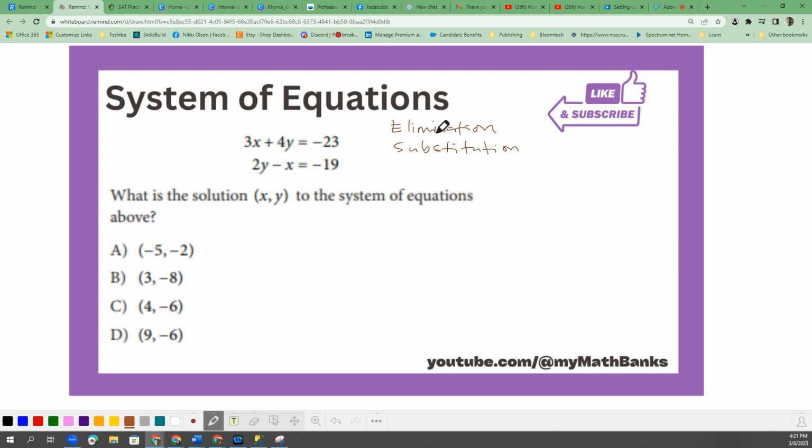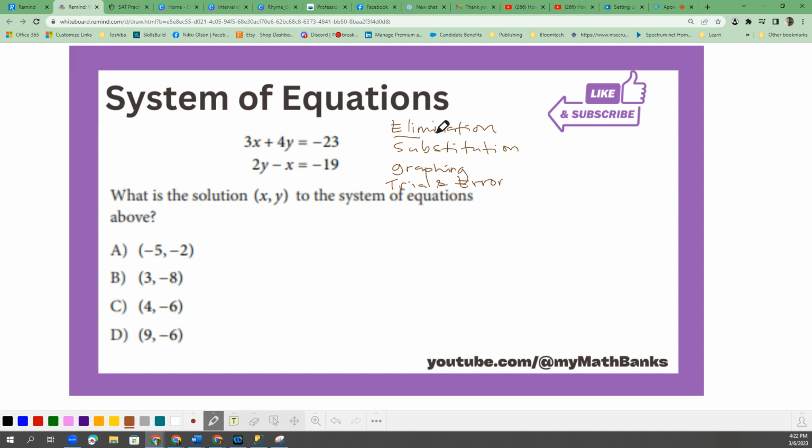If you have a graphing app like Desmos, you can do graphing. And of course, since this is multiple choice, you can also just do trial and error, substituting all these solutions here to see which one satisfies both equations. What I'm gonna do is use elimination because that seems easiest to me.